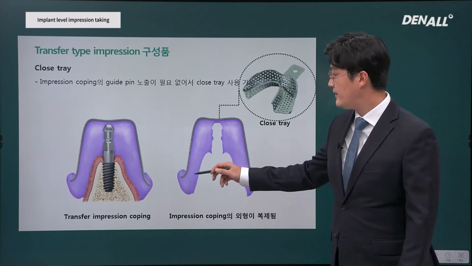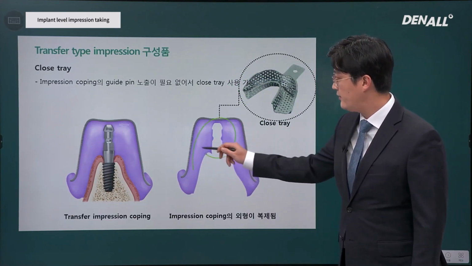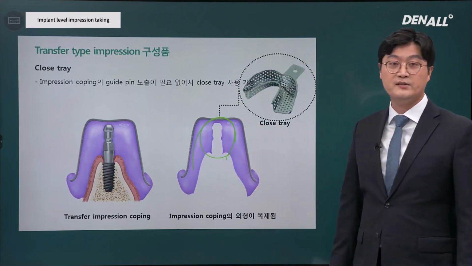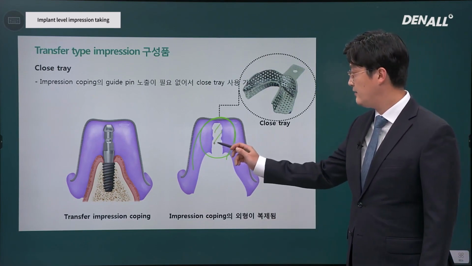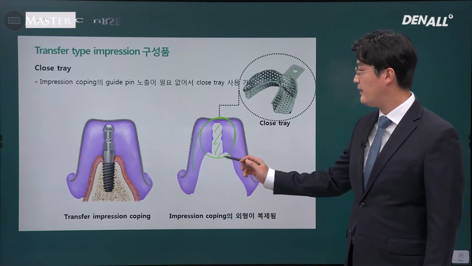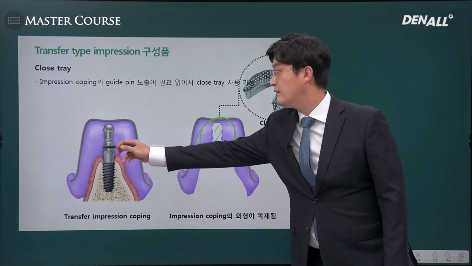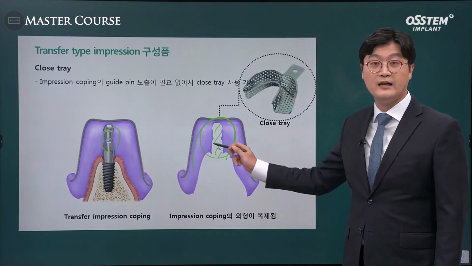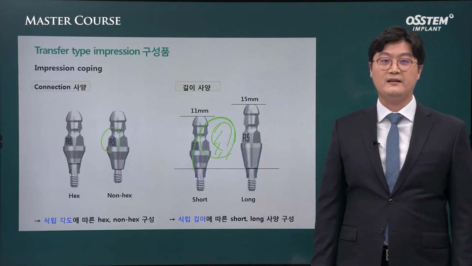When impression material is removed, the existing impression coping shape is recorded here, and this coping should be removed from the mouth and inserted in here.